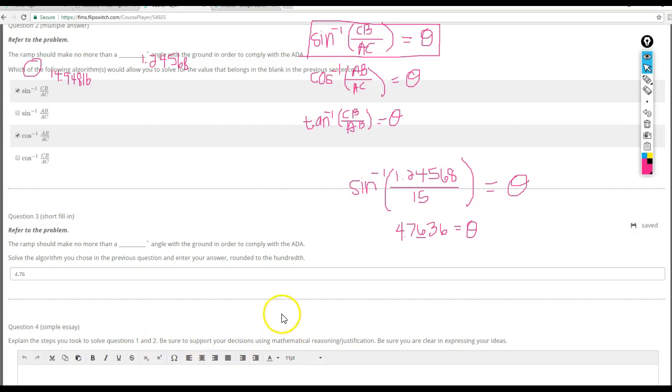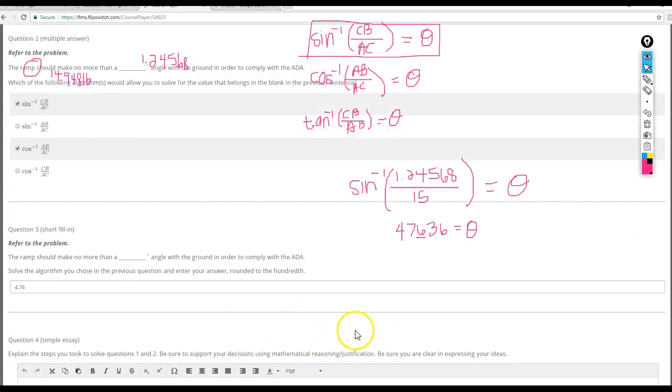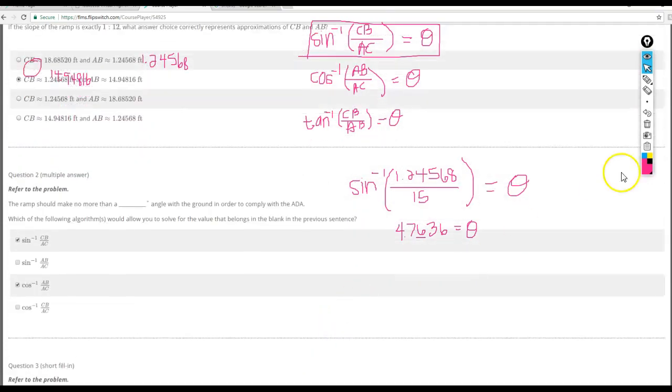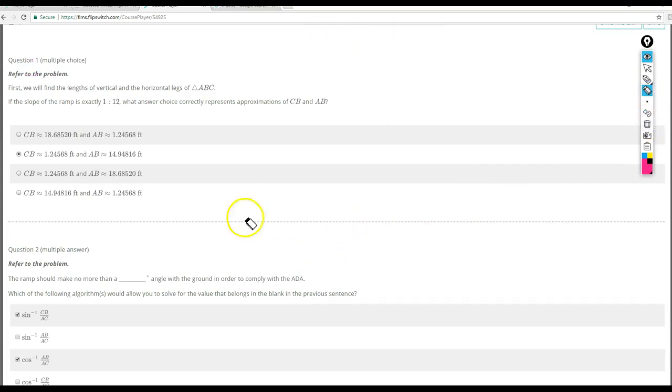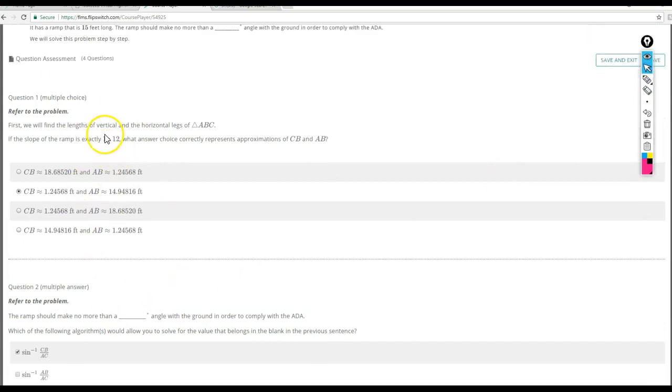Explain the steps you took to solve questions 1 and 2. Be sure to support your decisions using mathematical reasoning and justifications. Alright, so now let's review. How did we go through solving what we did? In step 1, we set up a proportion that compared the height to the length for the ADA, and then set up that same height to length proportion and check to see if it reduced to be the same decimal.